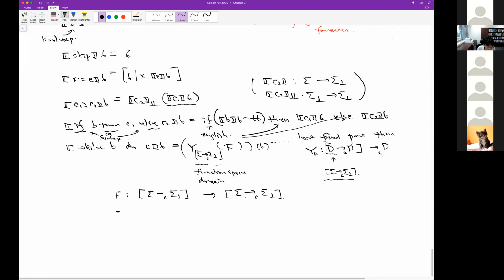F will be defined like this. It will take a small f, which is also continuous, and some input state sigma prime. And then it does essentially an onward version of this while loop, once.